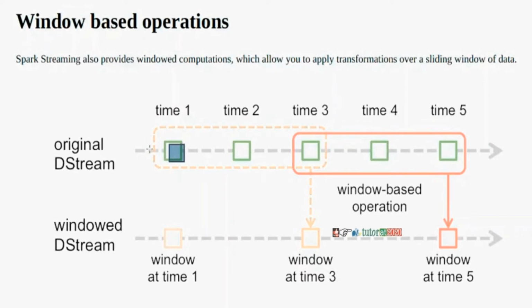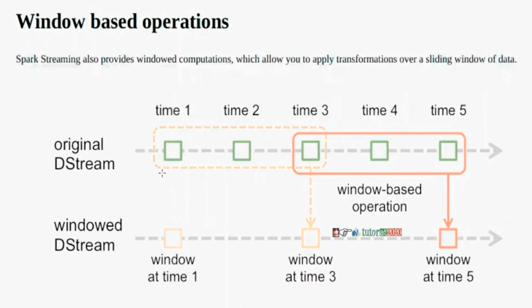So the D stream consists of a series of micro batches, or continuous data which is sliced by time, right, based on these batch intervals. So this micro batch is nothing but an RDD. It is created as an RDD.